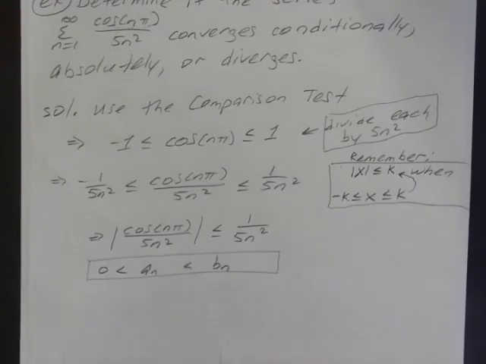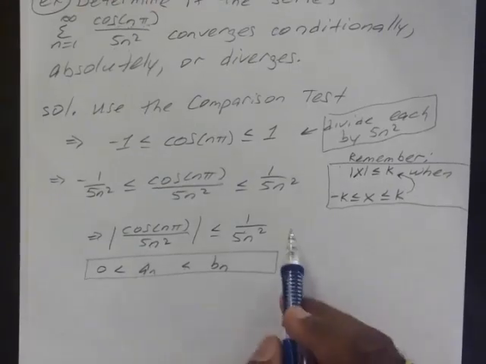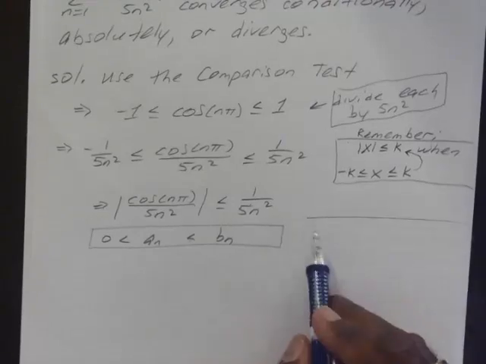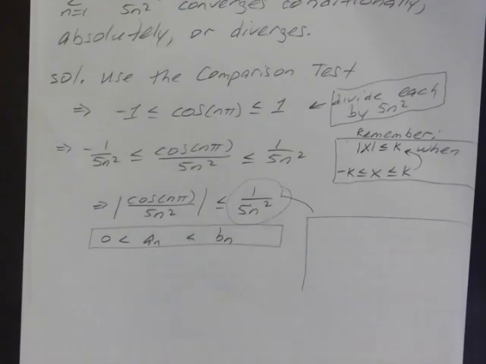Or you can put less than or equal to. So we know if b sub n converges, then your a sub n converges also. Okay. So draw a little arrow. Solve this one on the side.